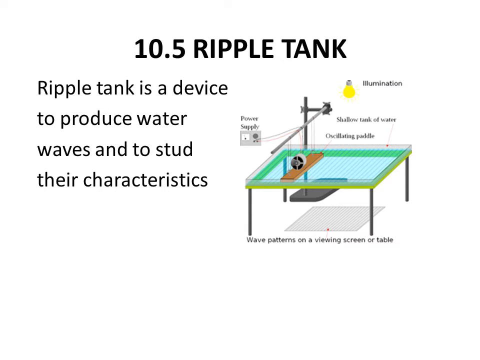If the barrier is placed at an angle to the wavefront, the reflected waves can be seen to obey the law of reflection. The angle of the incident wave along the normal will be equal to the angle of the reflected wave.